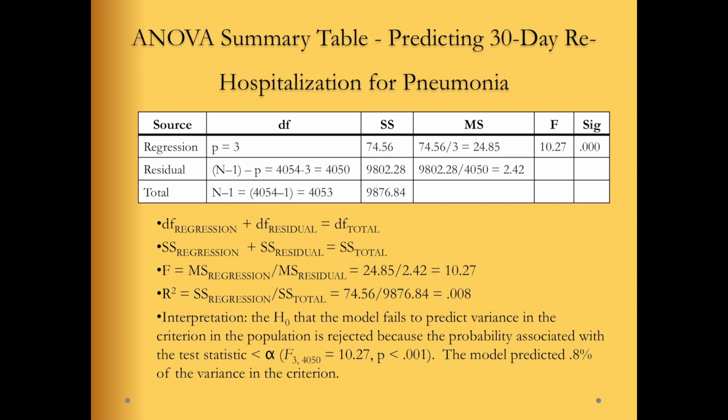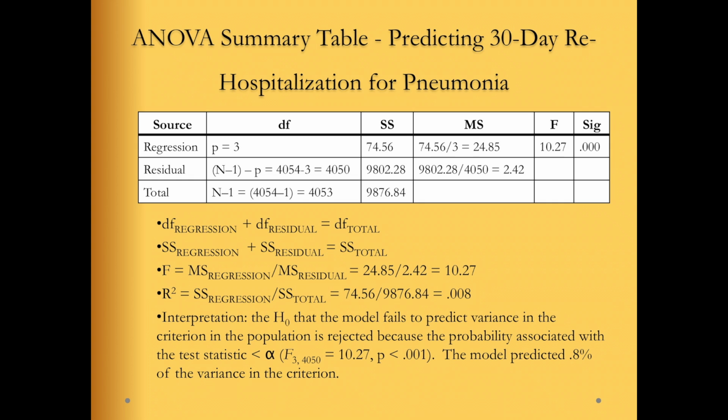Finally, this finding can be interpreted by saying that the null hypothesis that the model fails to predict variance in the criterion in the population is rejected because the probability associated with the test statistic is less than alpha. The model predicted 0.8% of the variance in the criterion.